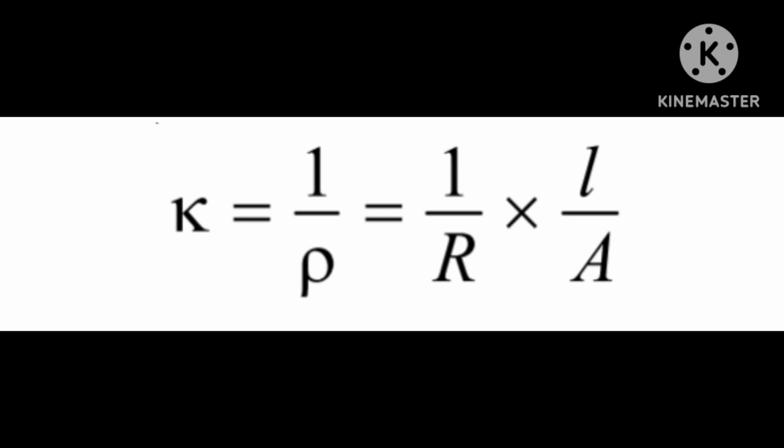Now from 0 to where it is touching the y-axis, that is called the intercept. The total length from 0 to the maximum where it is touching the y-axis, that is the intercept, and this down also.